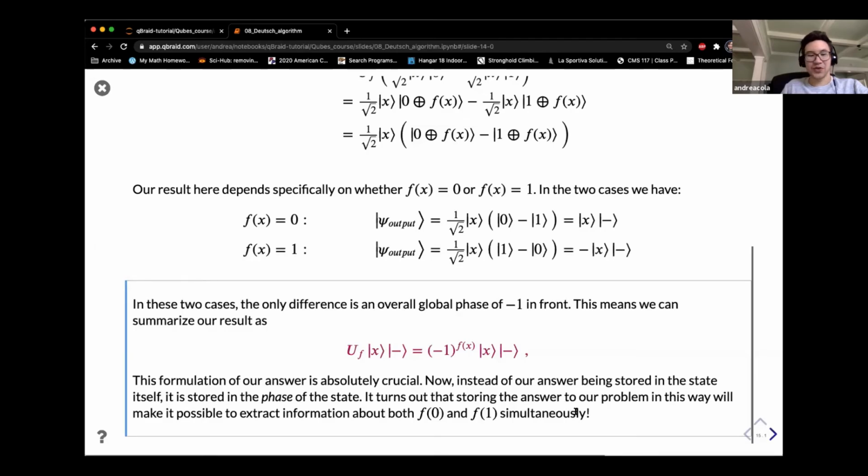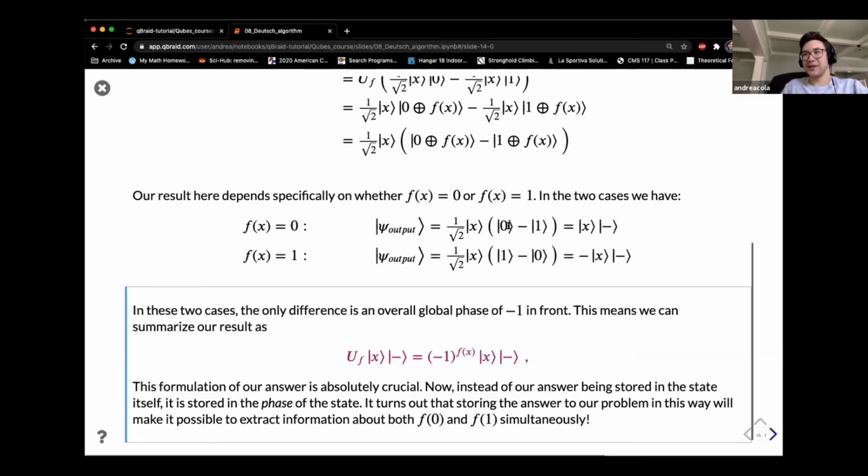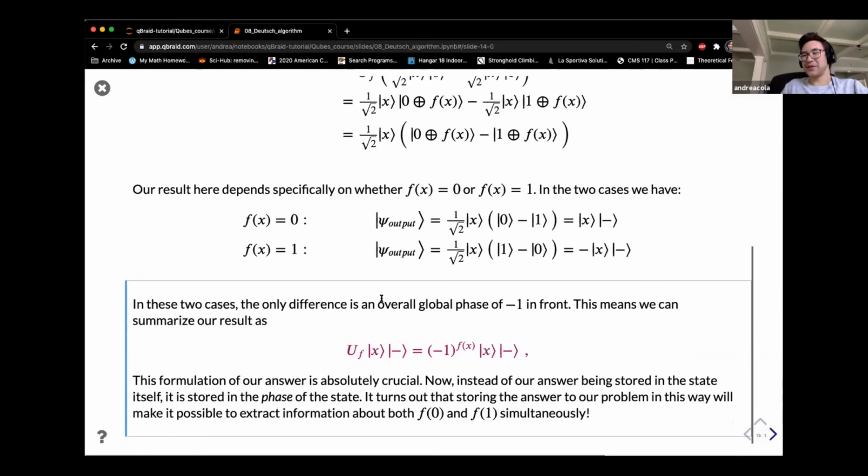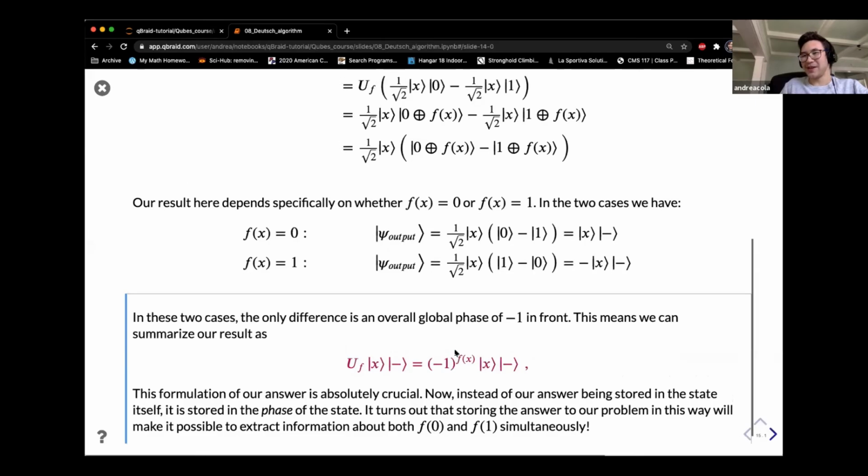So this is very crucial, and this is something that we'll use later. It seems like we have gained nothing, okay? But we have observed something very nice: if we start from x minus and apply uf, then we are able to get a minus 1 to the f of x. We have no way of measuring phase, that's correct. So this so far is just an observation.